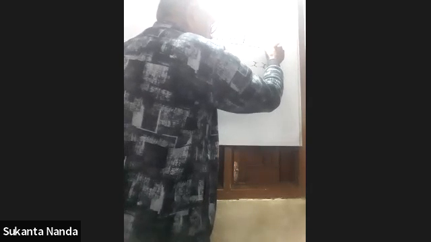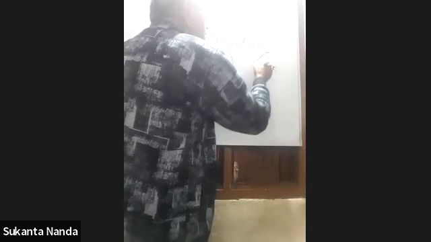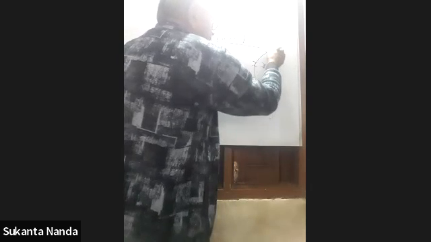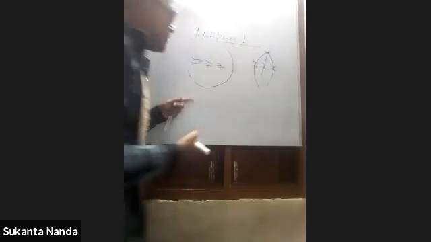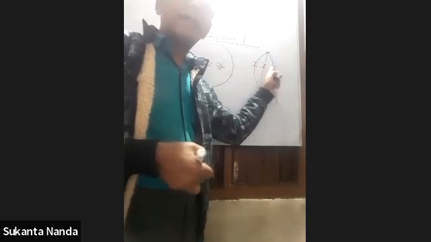And the spindle fiber joins like this. But here, one chromosome has two kinetochores.